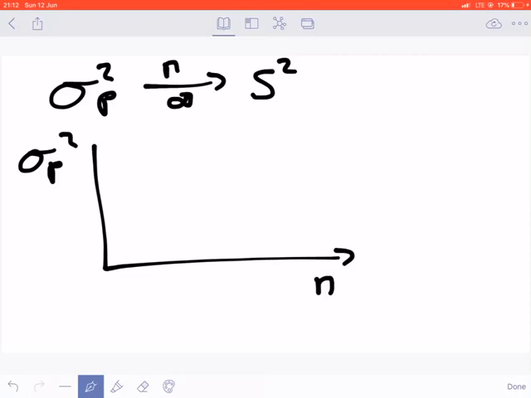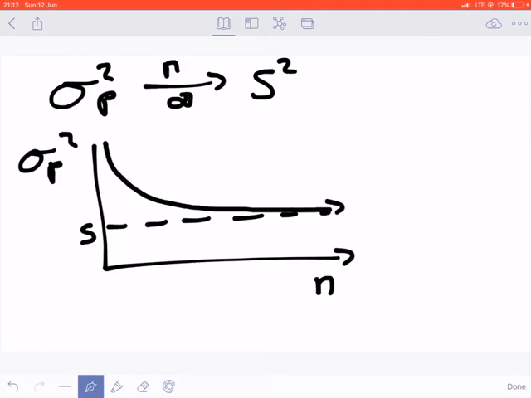You would see that there's going to be an s such that when you are adding more and more assets in your portfolio, your risk is going to approach s, and as you can see, you cannot go below s, because this is the risk in the market, so it cannot be diversified away, right?